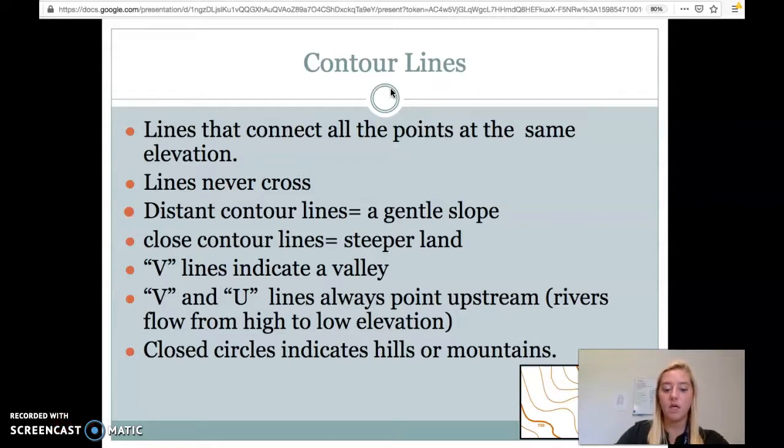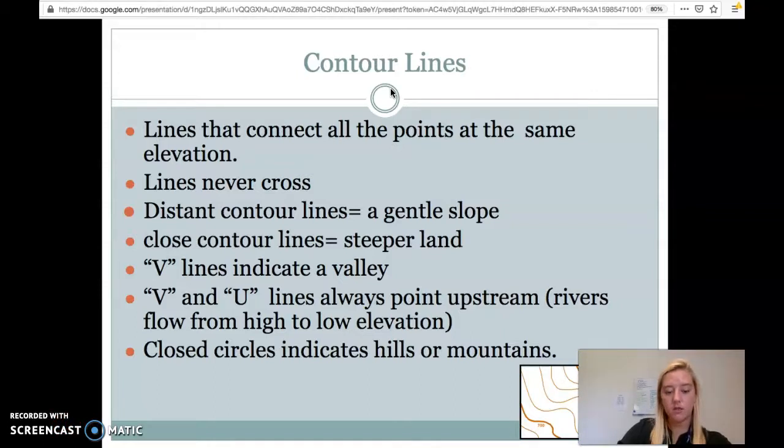A V indicates a valley, so if your lines come to a V, it indicates a valley. V's and U lines always point upstream. So rivers flow from what elevation to what elevation? What does gravity say? Gravity says that our rivers will flow from high elevation to low elevation.